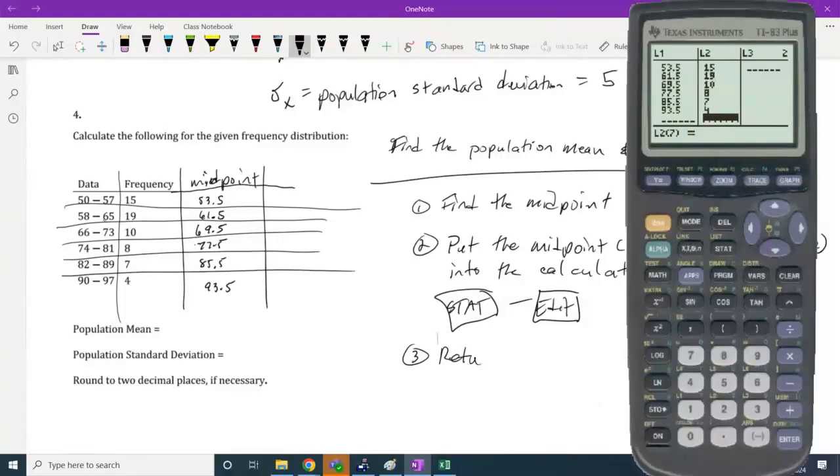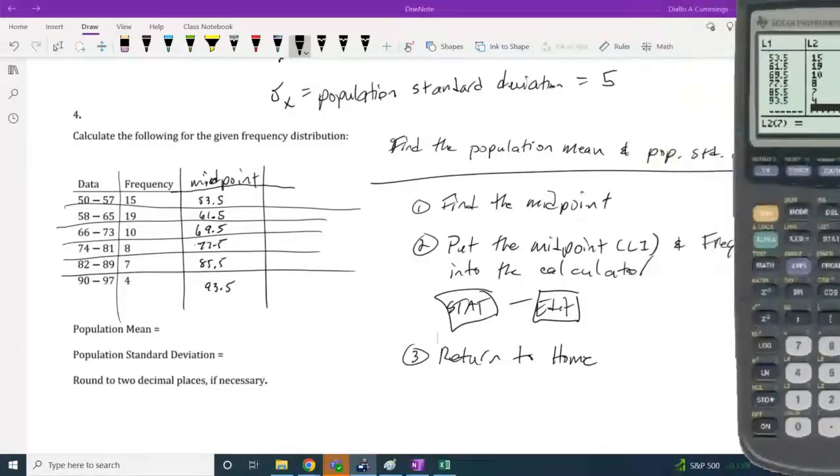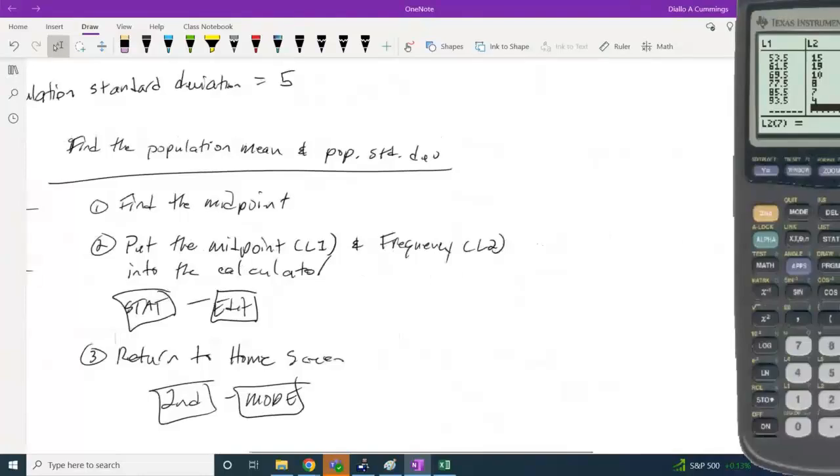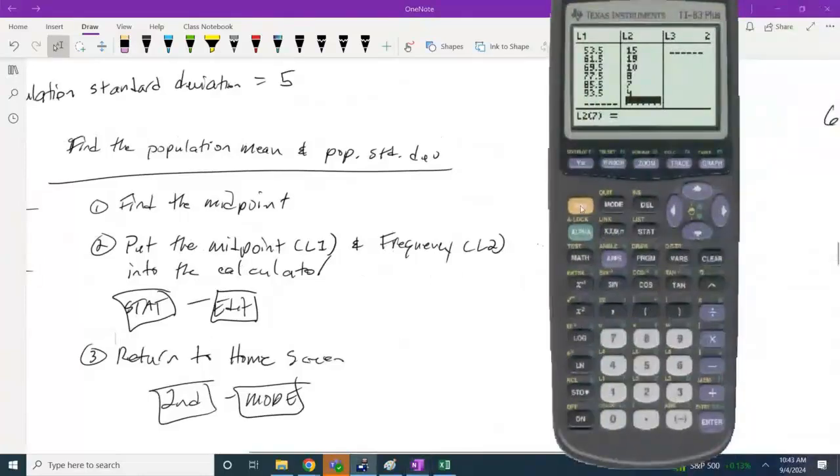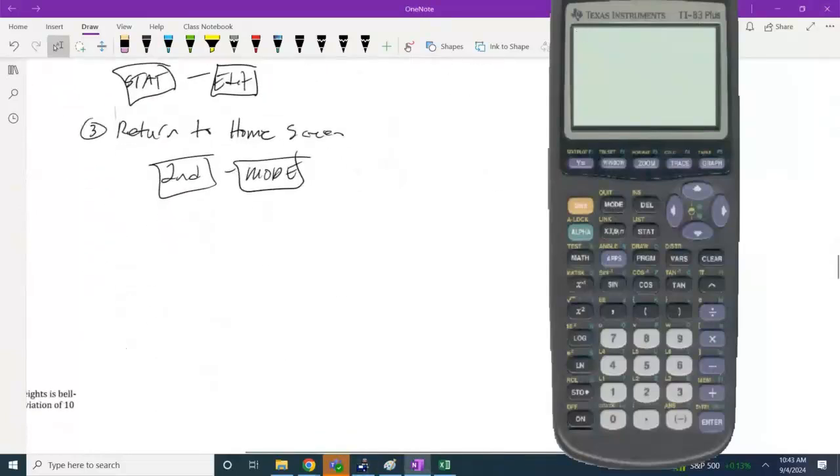Now from this point, we want to return to the home screen. So that's second, then mode. Right, I'm at the home screen. The next thing we're going to do is calculate the statistics.